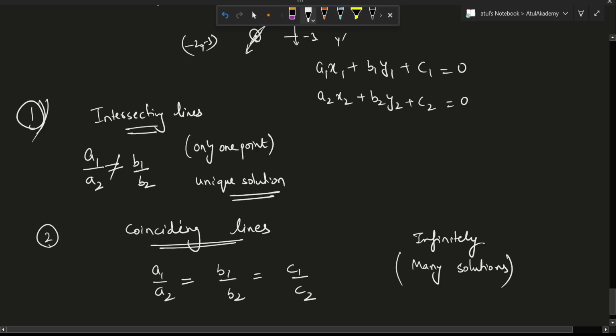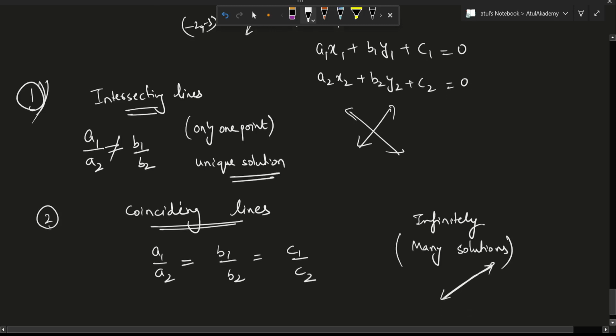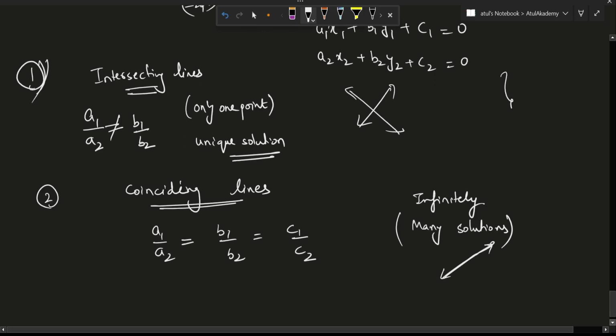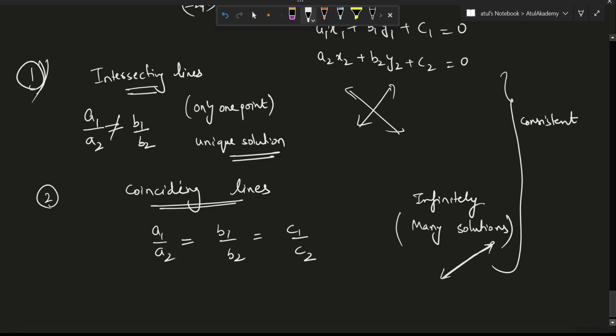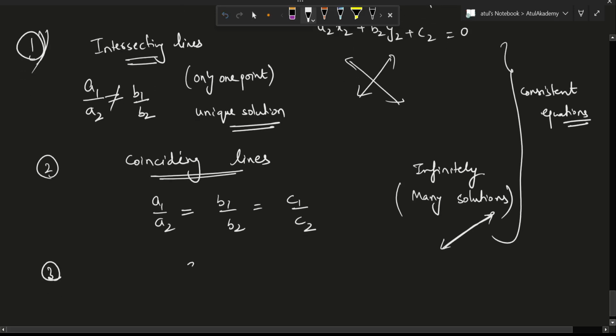Here the lines were intersecting at a point, and here it is one line on top of the other. That's coinciding lines, and these two are consistent, simultaneous equations.